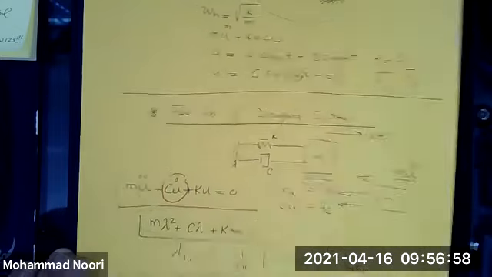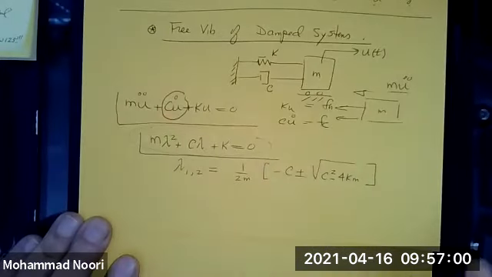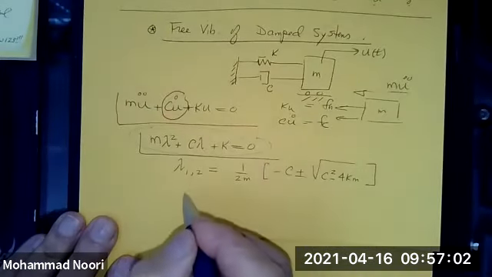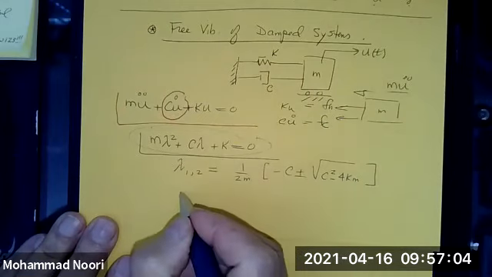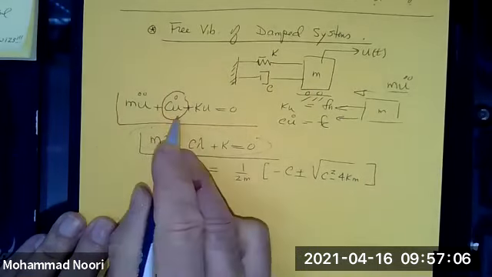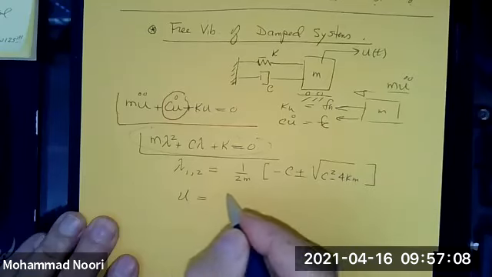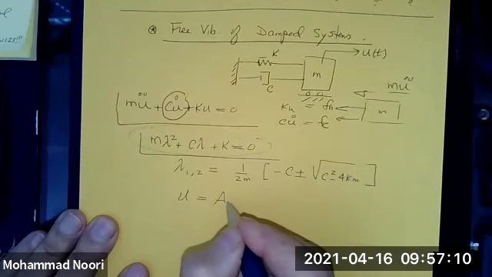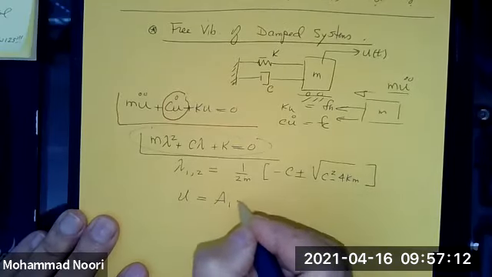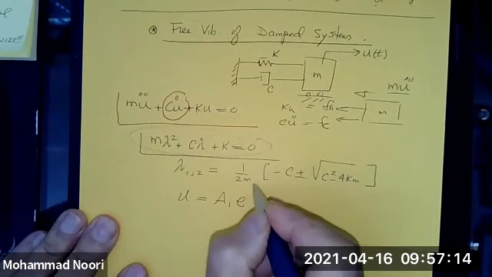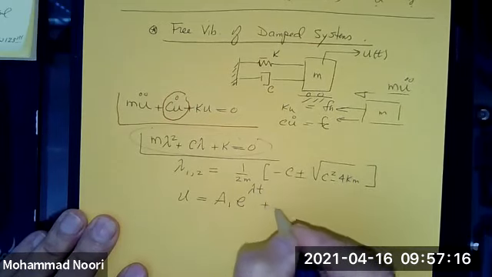So once you have these roots, the solution of this equation, which is the response, would be a linear summation of these two exponentials, which are this.